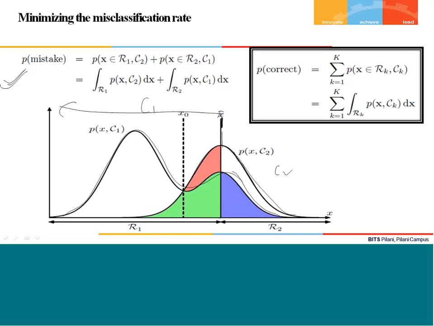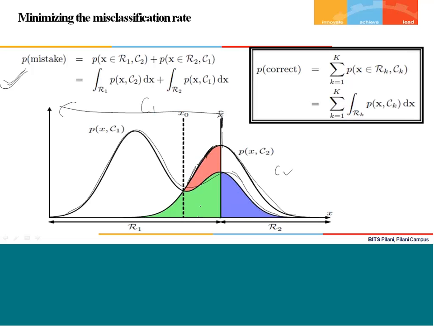But you can see this is the probability that belongs to the C1 region, but this probability is saying that this point belongs to C2.